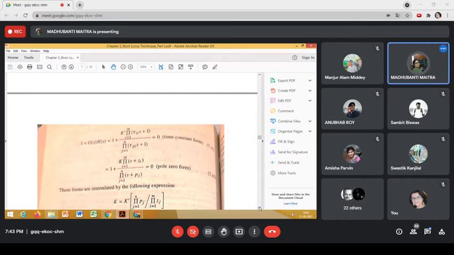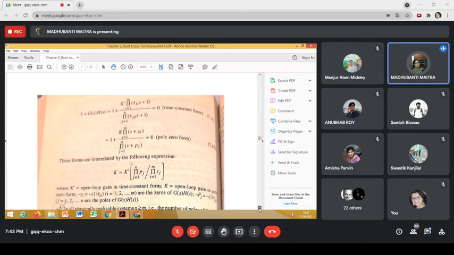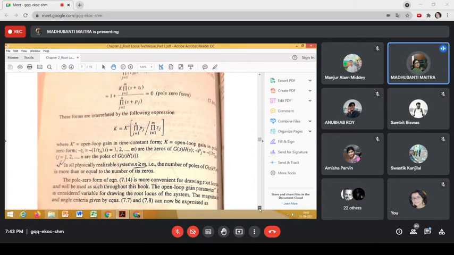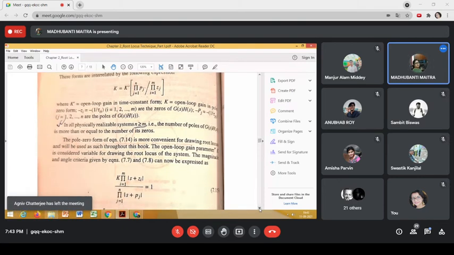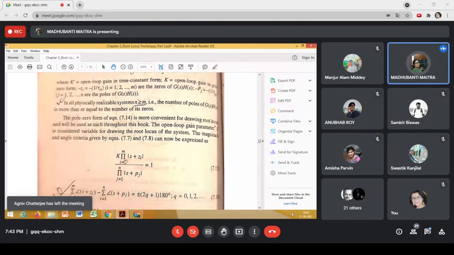Again, we'll break down the equation into two equations. The first equation will be K into the product of the phasor lengths of the phasors constituted by the open loop zeros, that is the magnitude of s plus zi, divided by the product of the magnitude of s plus pj.